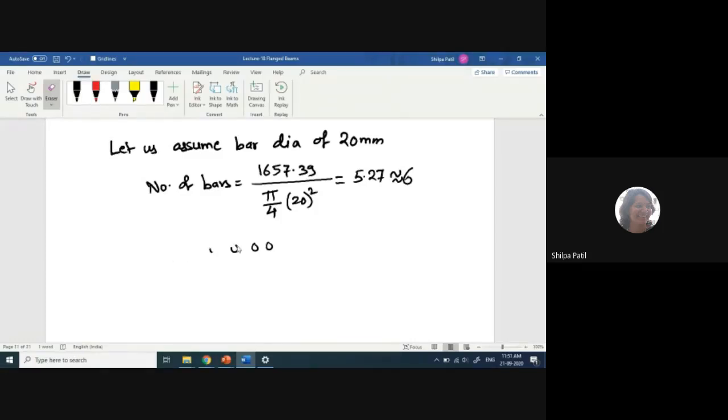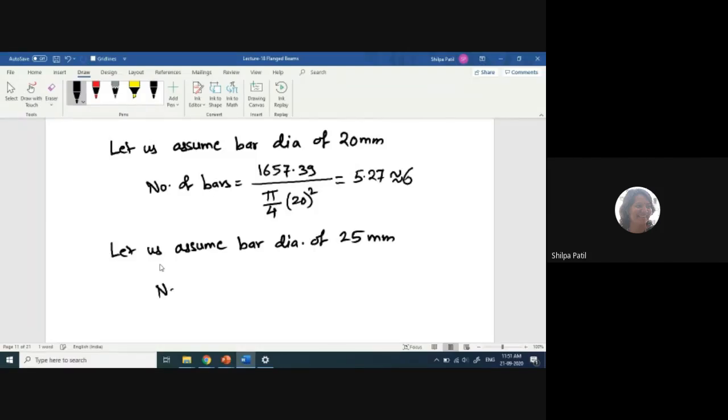And we will do the calculation for 25 mm bar diameter, so that our check for width will be satisfied. I will immediately write down here. Let us assume bar diameter of 25 mm.